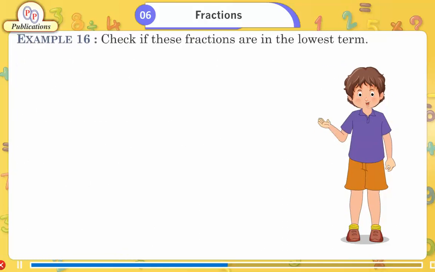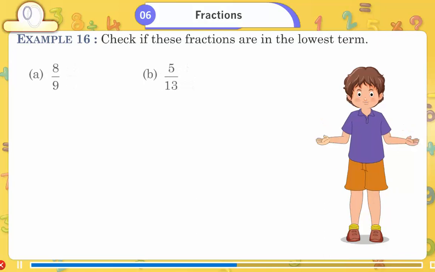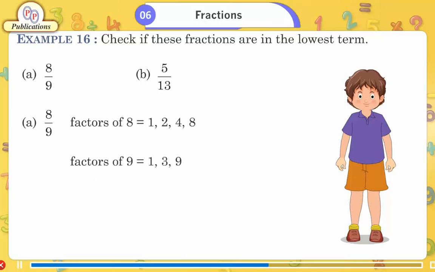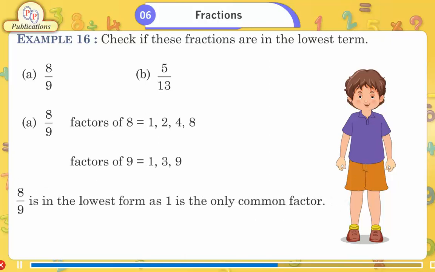Example 16. Check if these fractions are in the lowest term. A. 8/9. B. 5/15. A. 8/9. Factors of 8 are 1, 2, 4, 8. Factors of 9 are 1, 3, 9. 8/9 is in the lowest form as 1 is the only common factor.